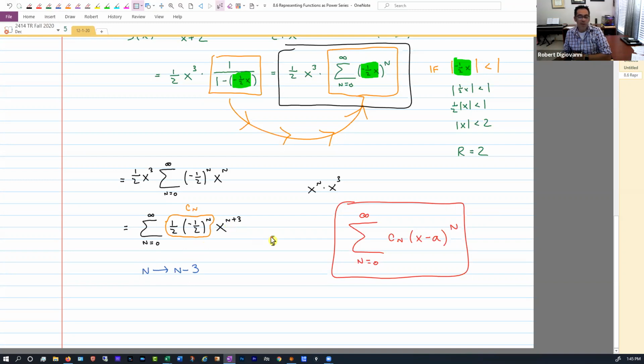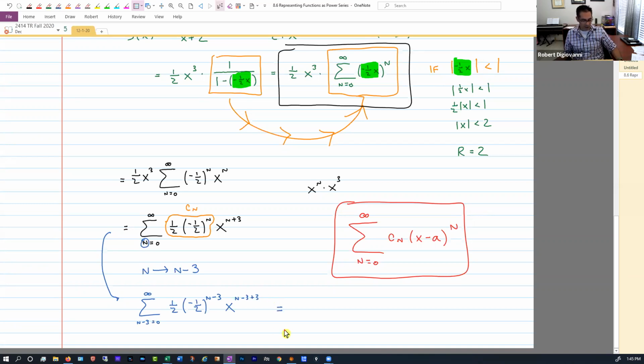Yes, but I've got to do it everywhere. So my new sum becomes this. Sum, n minus 3 equals 0 to infinity. I know that looks really weird. 1/2 times negative 1/2 to the n minus 3 x to the n minus 3 plus 3.